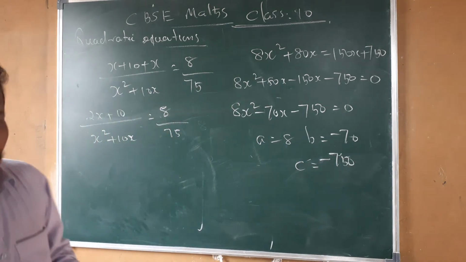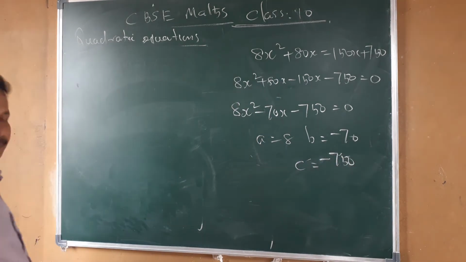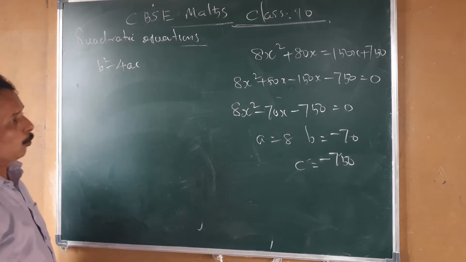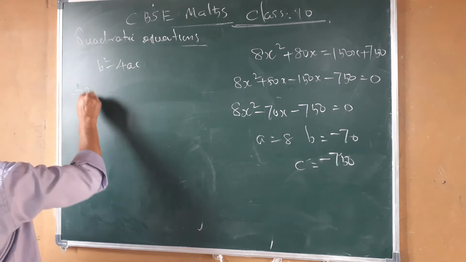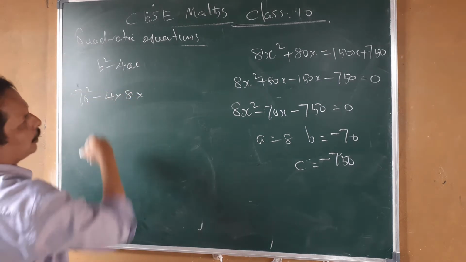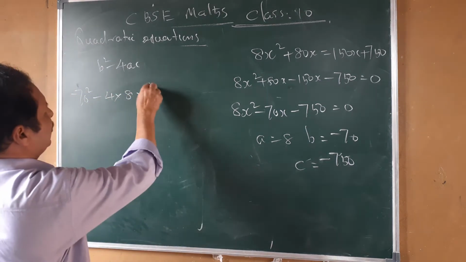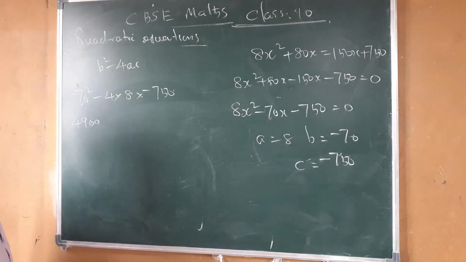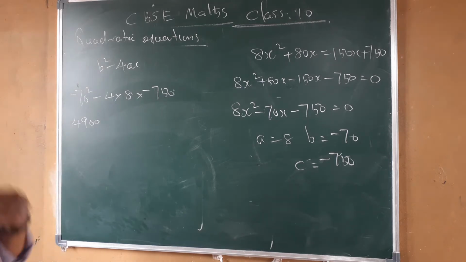So what is b square minus 4ac? We find the discriminant. Discriminant is b square minus 4ac. That is minus 70 square minus 4 into 8 into the number minus 750. This number is 4900. Negative square is positive, remember that.